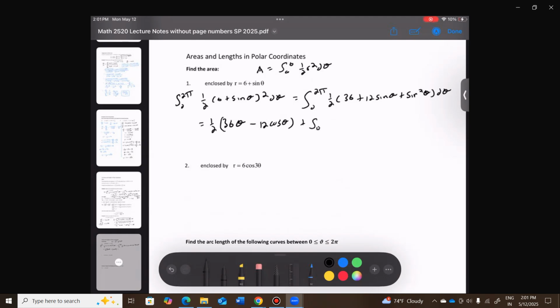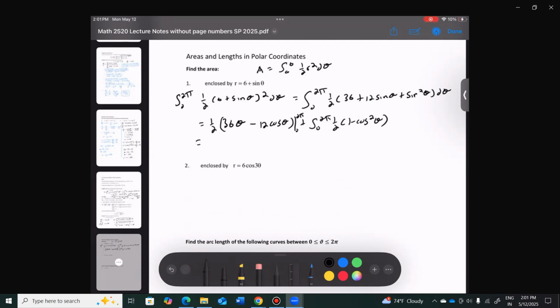Plus the integral from 0 to 2 pi of 1/2 times 1 minus cosine 2 theta. And this again goes from 0 to 2 pi.